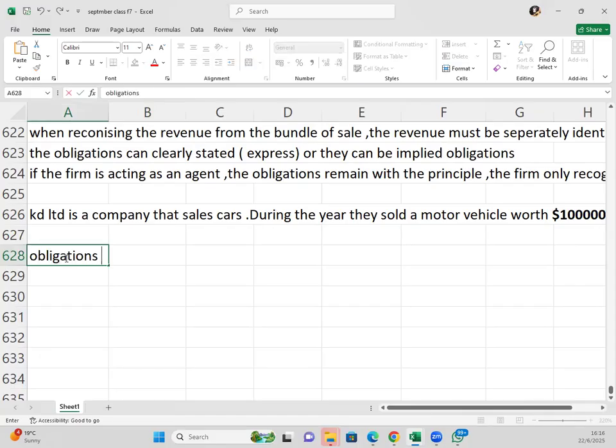So our obligations as a company is to deliver, number one, the motor vehicle. That's the first obligation. And the other obligation is to provide maintenance. So these are the two obligations. And providing maintenance is an implied obligation.